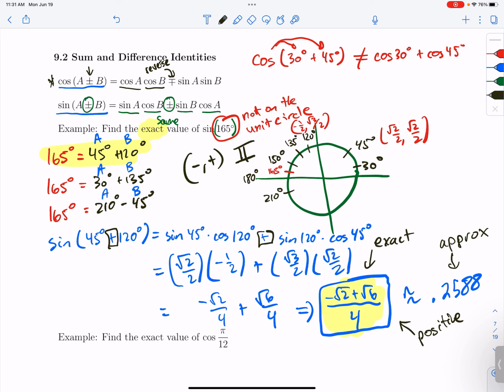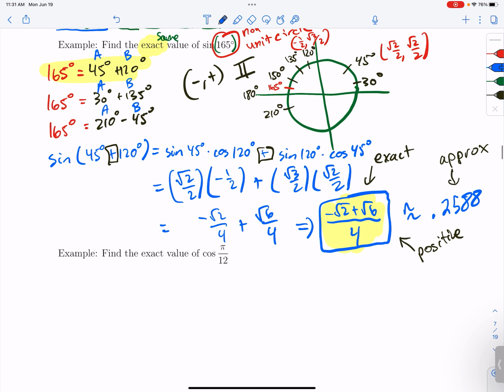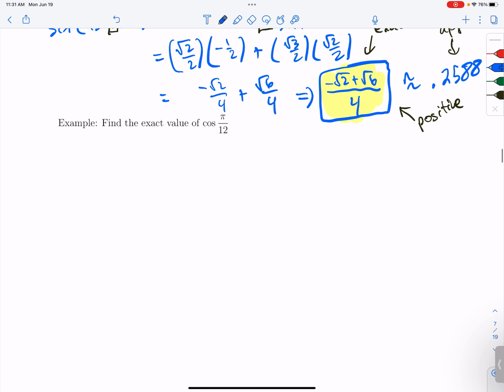All right. Let's look at the next example. We'll go a little quicker on this one. This is saying find the exact value of cosine of pi over 12. Now this is a little bit tougher just because this angle pi over 12 is in radians. So we want two angles that add or subtract to pi over 12 that are on the unit circle.